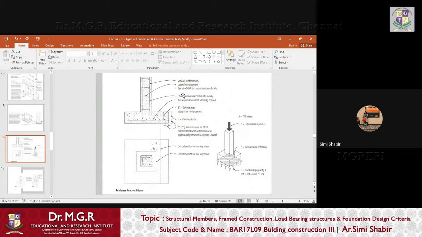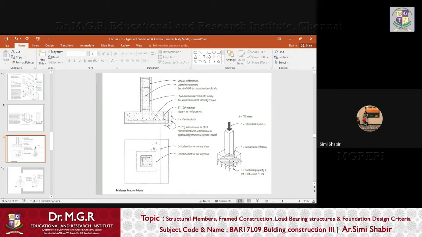Here you can see a typical section through the foundation of an isolated footing. You can see very clearly the base. You can see the reinforcement over here, the main reinforcement, and the main vertical reinforcement when it is connected to the column. The pedestal, so here you can see the pedestal and the column.